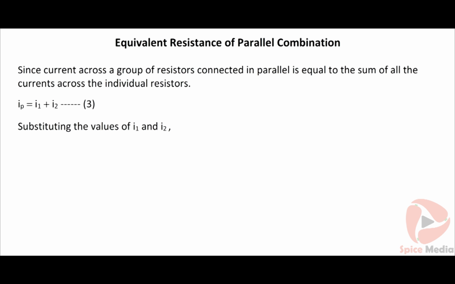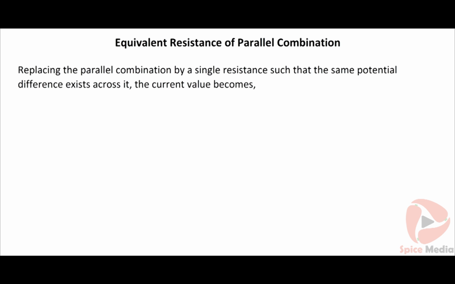Substituting the values of I1 and I2, Ip is equal to V divided by R1 plus V divided by R2, which is equal to V into 1 by R1 plus 1 by R2. Replacing the parallel combination by a single resistance such that the same potential difference exists across it, the current becomes Ip is equal to V by Rp.